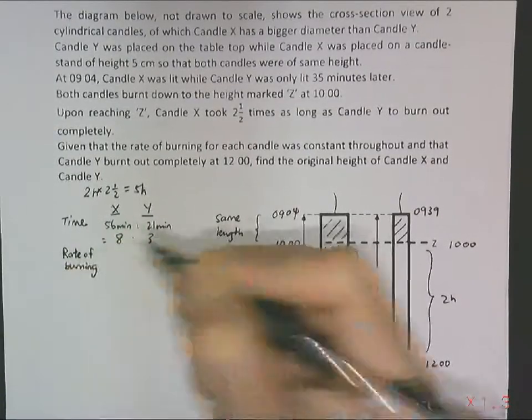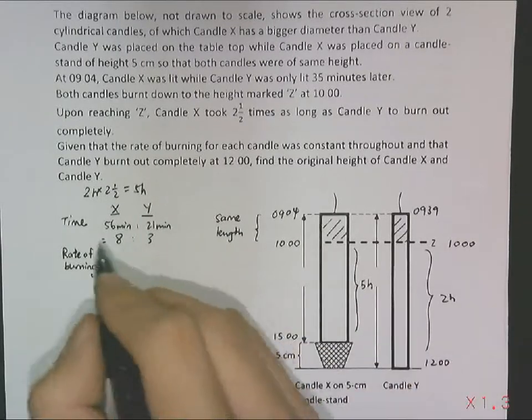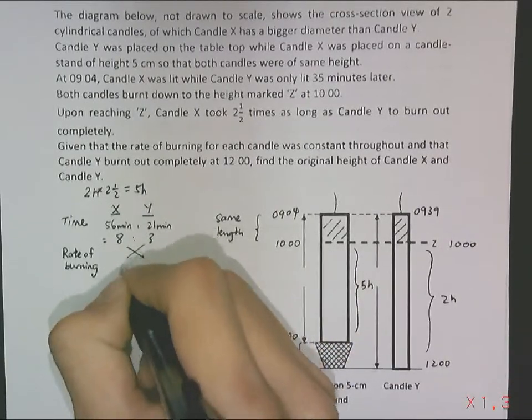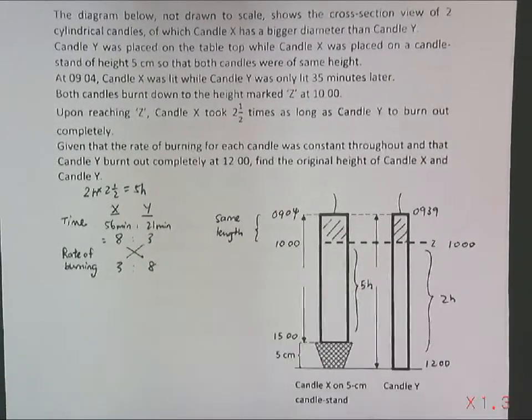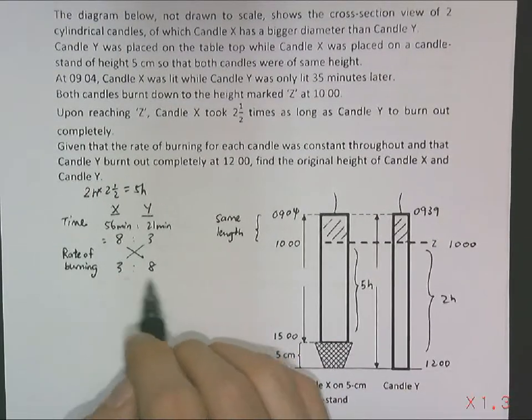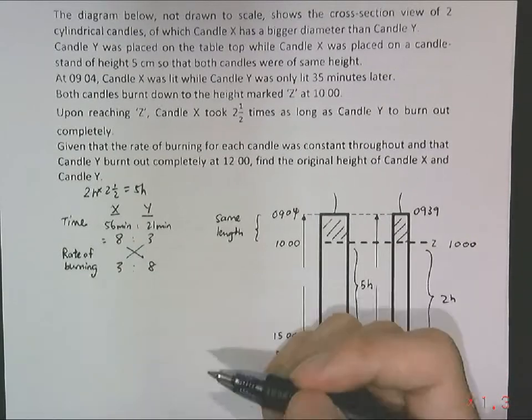The ratio of rate for candle X, since it takes longer than Y to burn, will just cross over. The rate of burning is 3:8. That means X burns slower than Y, in this crossover ratio form.